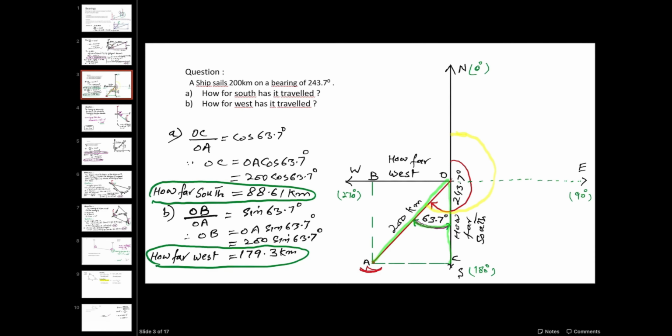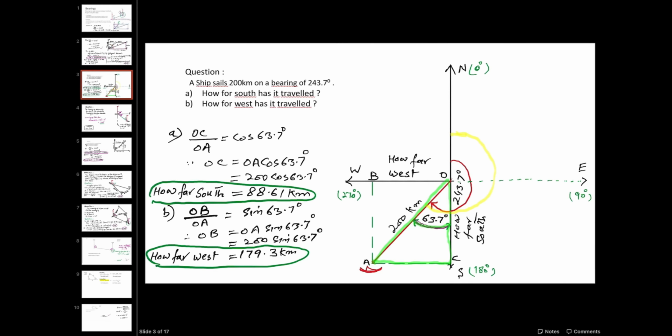Now in triangle AOC, OC upon OA is equal to cos 63.7 degrees, and OC is equal to OA cos 63.7 degrees, but OA is equal to 200 kilometers.